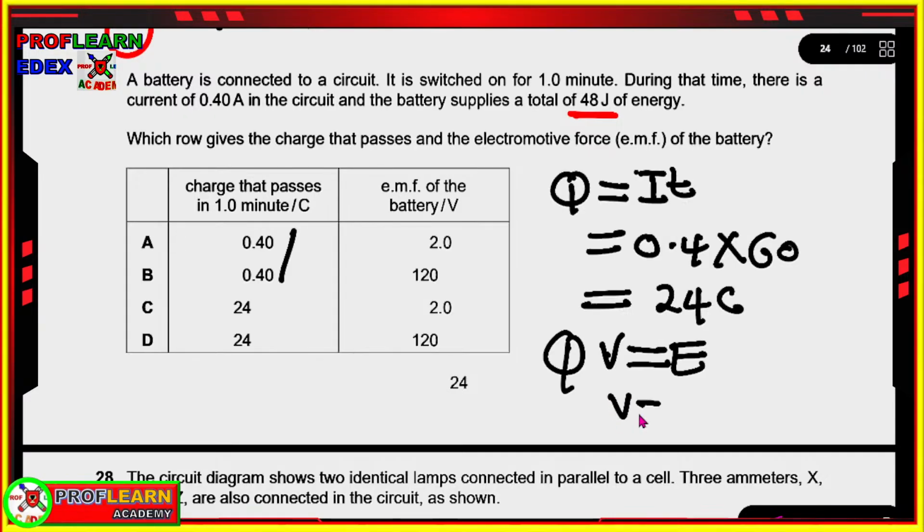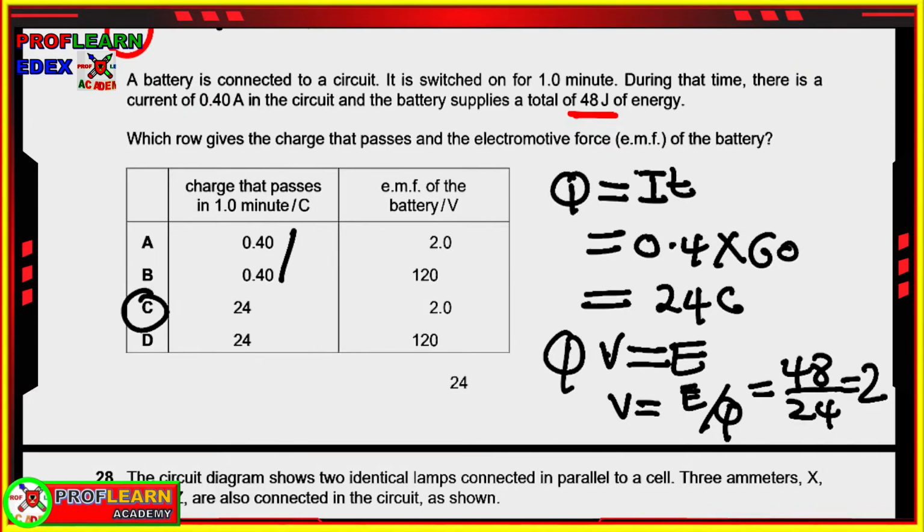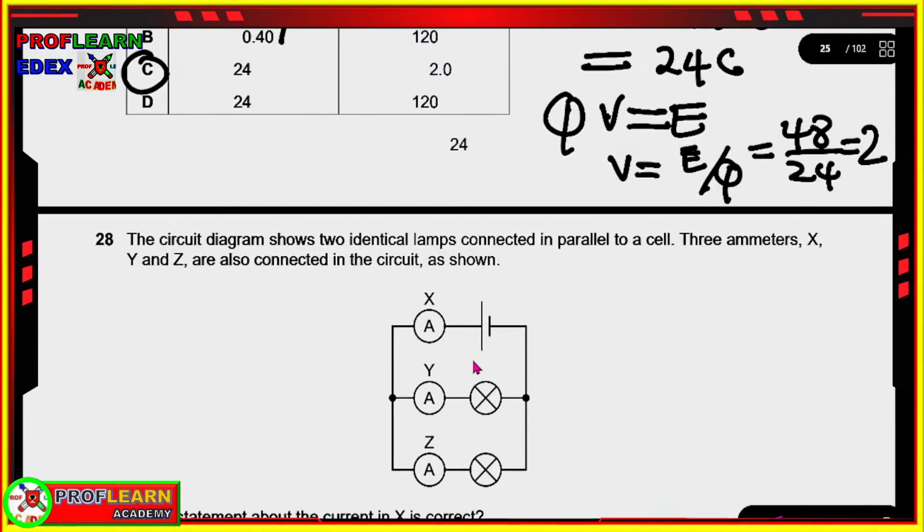So we can say voltage is equal to energy over the charge, which is going to be 48 over 24, and that translates to 2. Yes, so the correct answer becomes C. In that case, the correct answer becomes C, 27. You cooked it right.